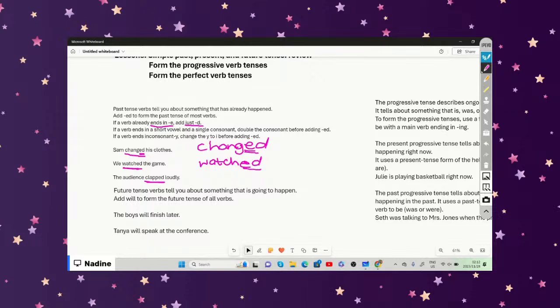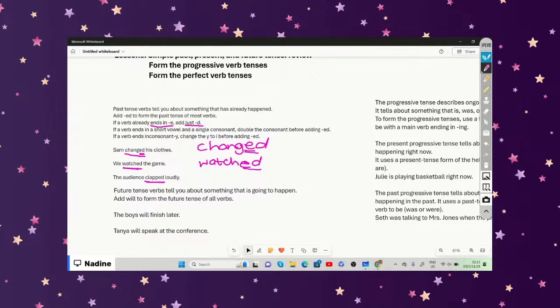And then we also have future tense, right? The future tense tells us about something that is going to happen. It hasn't happened yet, it is going to happen, or it must still happen.